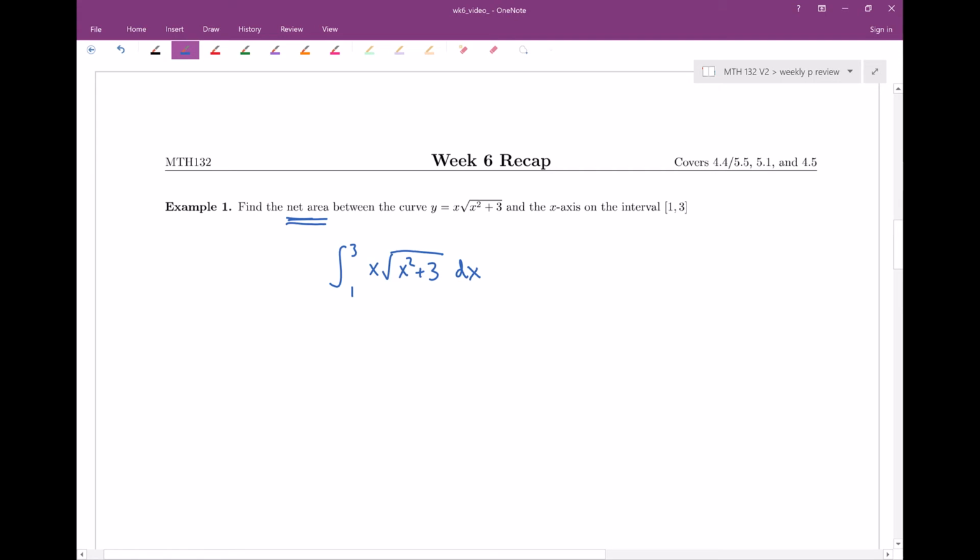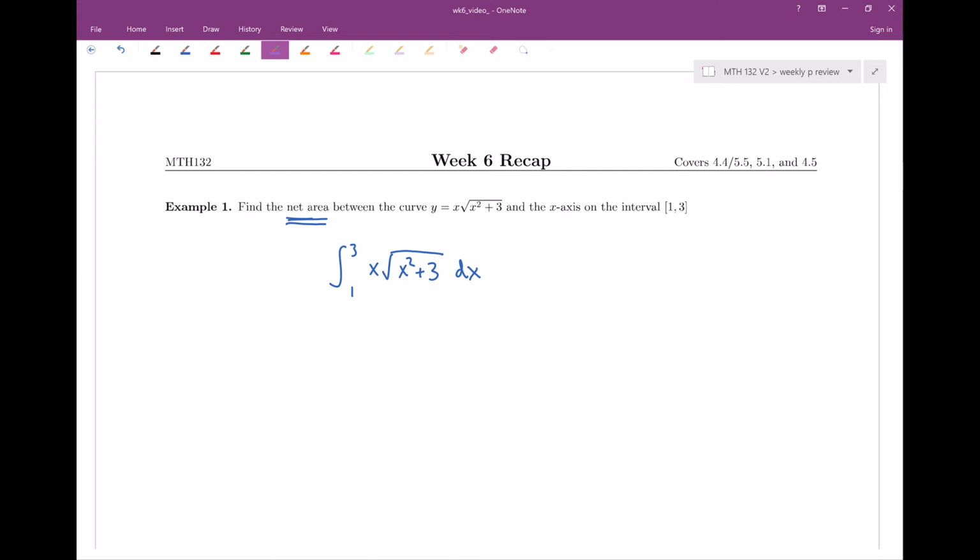The most powerful integration technique that we have, now thanks to 4.5, is U-substitution, right? You can stare at this one and see if there's anything you can do outside of U-substitution, but the claim is there really isn't. So we should think about, can I apply U-substitution to this problem?